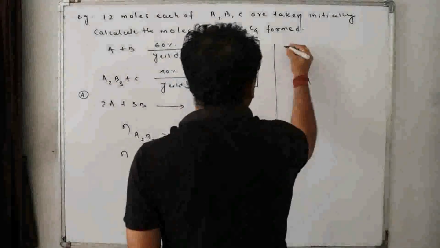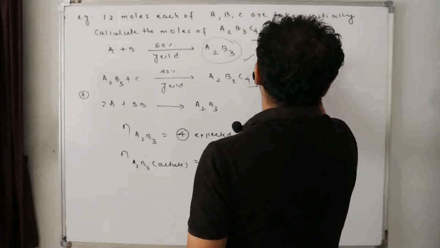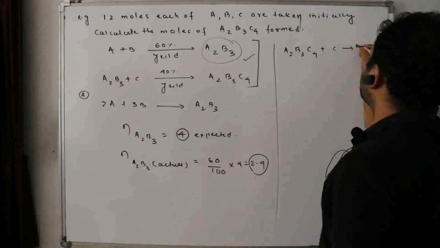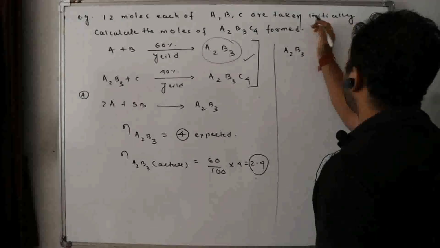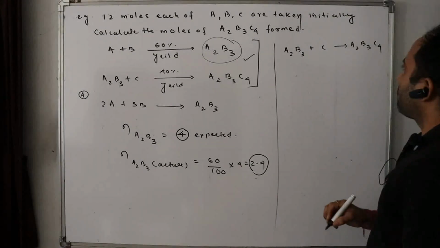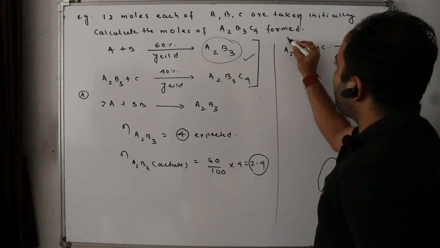How many moles are formed? Now A2B3 plus C gives rise to A2B3C4. Now 4C.